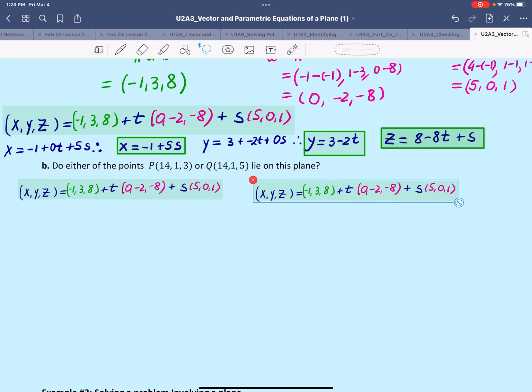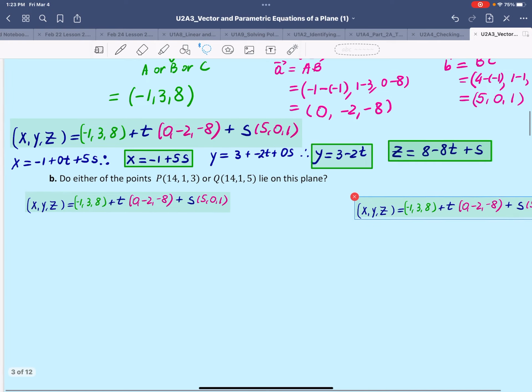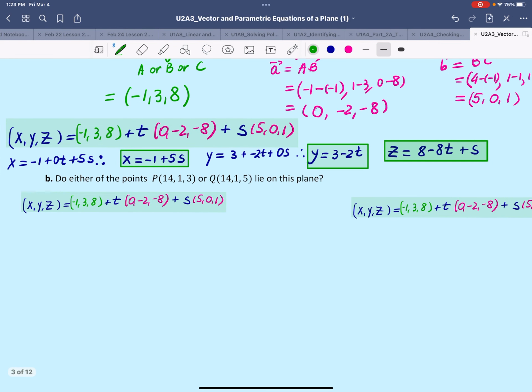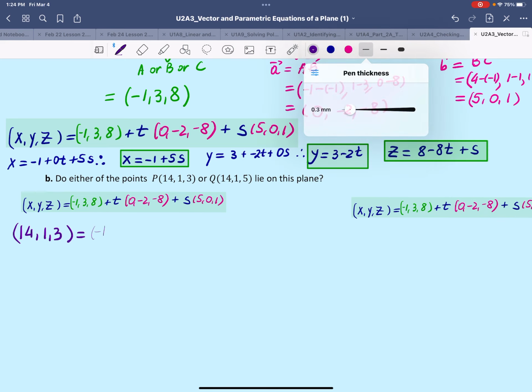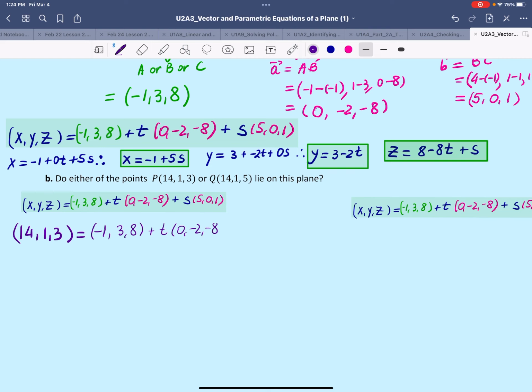on a plane. So for point P, which has the coordinates 14, 1, and 3, we're going to need it to be equal to negative 1, 3, 8 plus t, 0, negative 2, negative 8 plus s, 5, 0, 1.